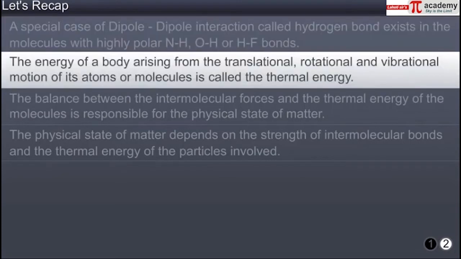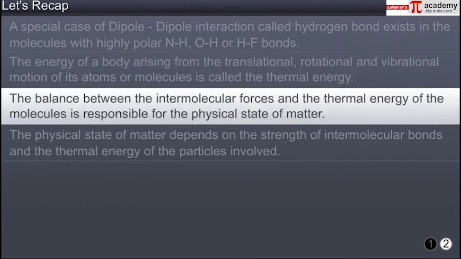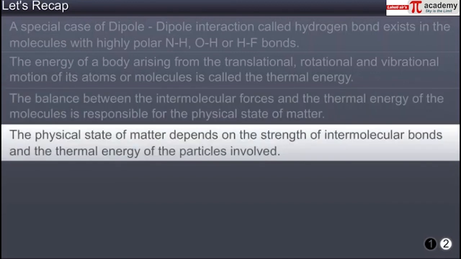The energy of a body arising from the translational, rotational, and vibrational motion of its atoms or molecules is called the thermal energy. The balance between the intermolecular forces and the thermal energy of the molecules is responsible for the physical state of matter. The physical state of matter depends on the strength of intermolecular bonds and the thermal energy of the particles involved.